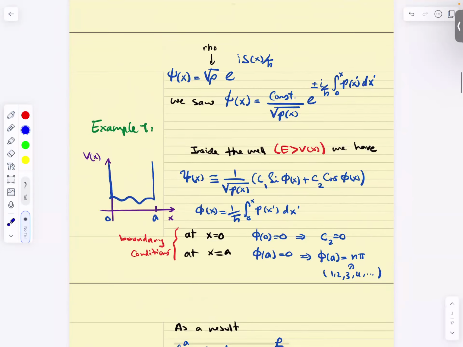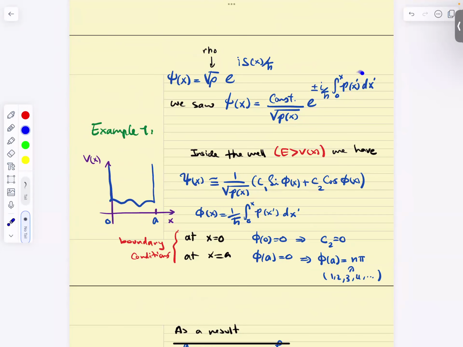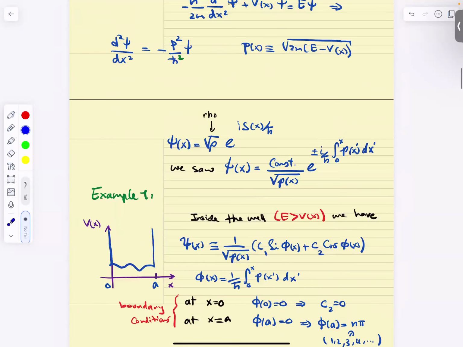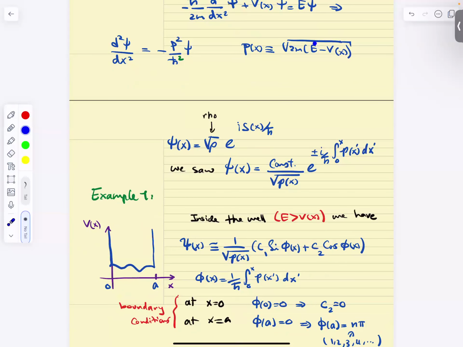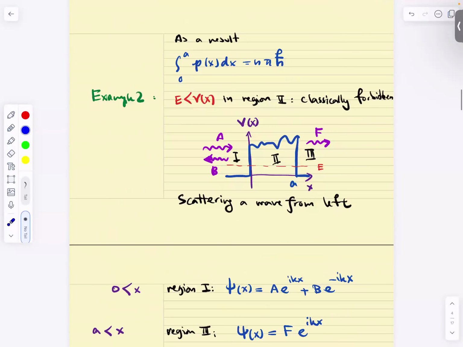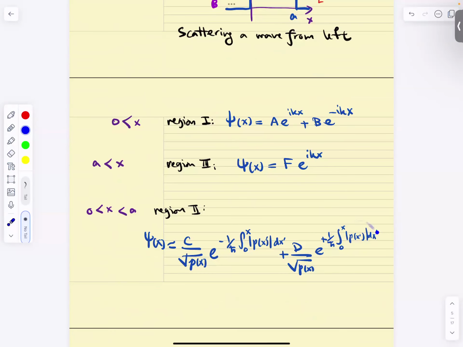When it's classically forbidden, V of x is larger than E, so under the square root you have a minus sign. You take the minus sign out, that's an i. That i in plus minus i will give you an exponentially growing and an exponentially decaying solution, right? That's the origin of it. Here are the two terms, exponentially growing and exponentially decaying.